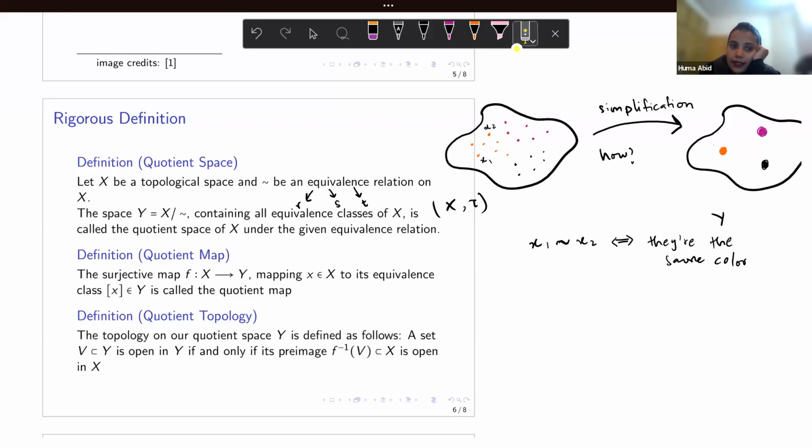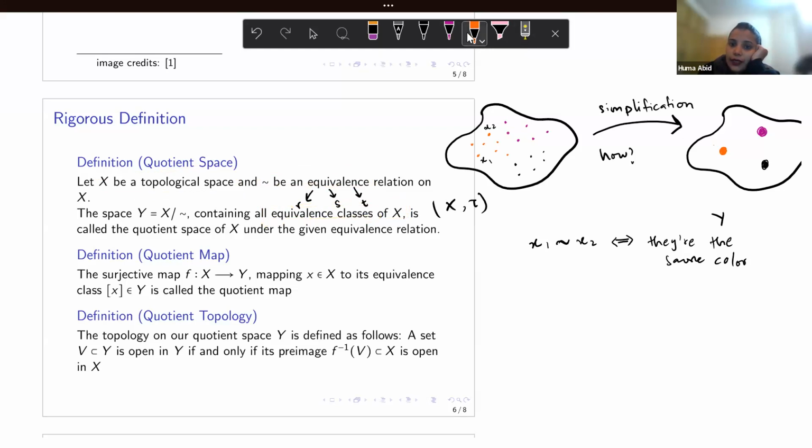So a quotient space is basically, you start with a topological space X, you define an equivalence relation on it, and then you use that equivalence relation to get a new space where the members of this new space are all the equivalence classes of your elements. So what do I mean by equivalence class?